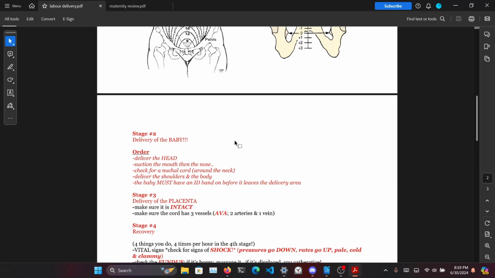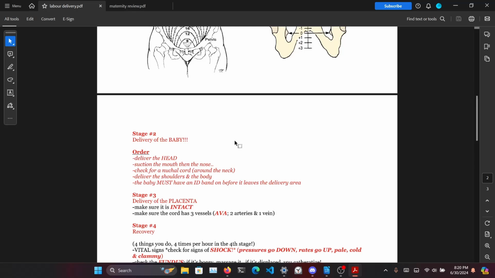Next we have interventions for stage 2. In stage 2, usually the delivery of the baby happens. Cervical dilation is complete, and the labor will be true labor and progressing, and the membranes will be ruptured by then, and you will see the fluid coming, and the mother will be making pushing efforts.